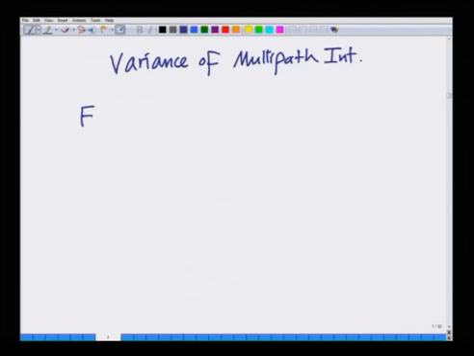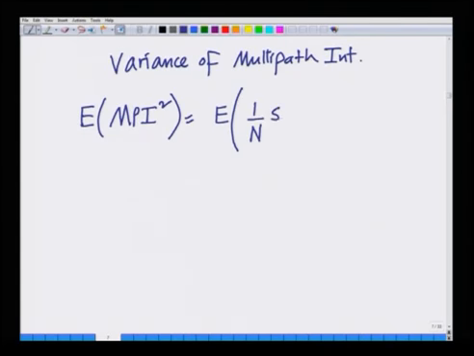The variance of this multipath interference is nothing but expected MPI square, which is expected of the square of this term, which is expected of 1 over n, s 0, summation d equals 1 to L minus 1, h 0 of d times r 0 0 of d, whole square.